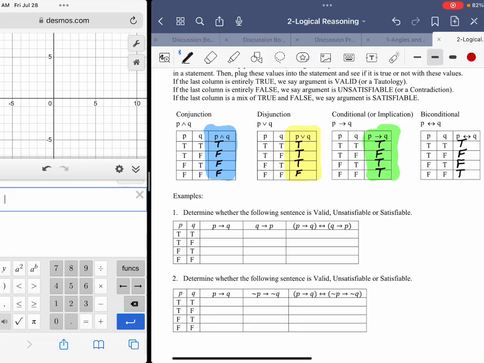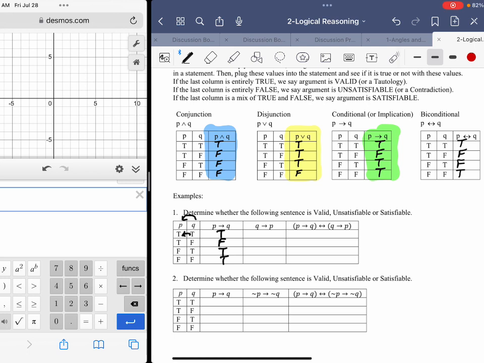So looking at example 1, we have P implies Q. We have that up here, so we could just snag that. So TFTT. Then they're asking us to find Q implies P, which is just looking at the same connective, just in the reverse order. So we have true, then true, so it's going in this direction.